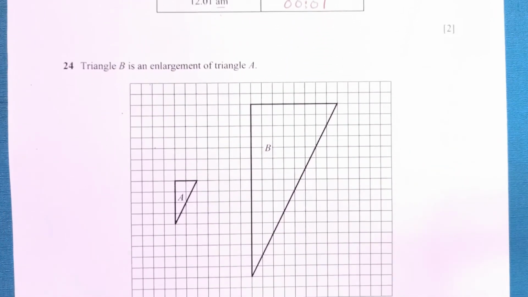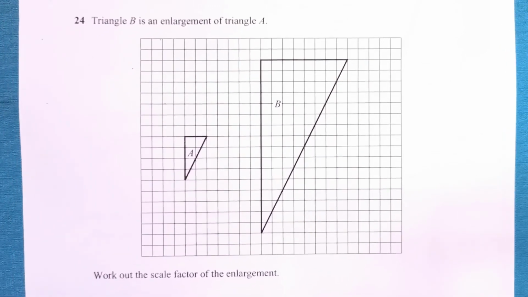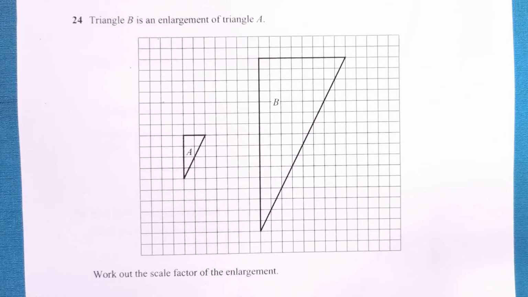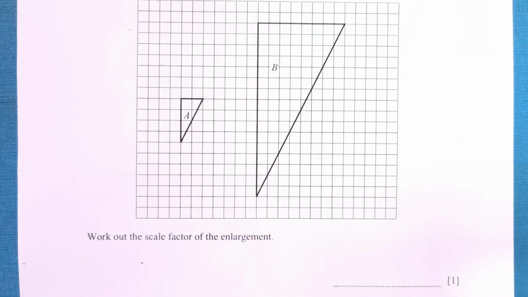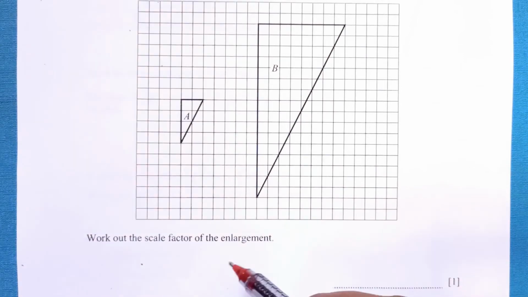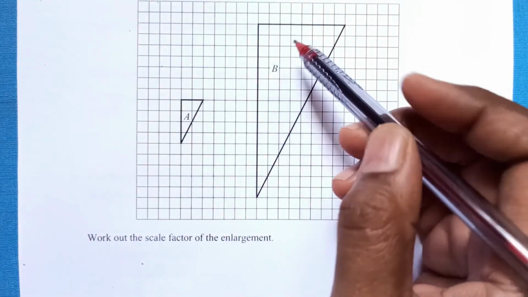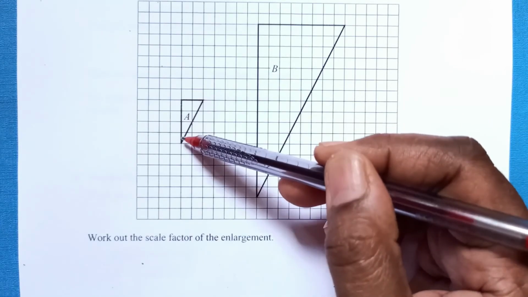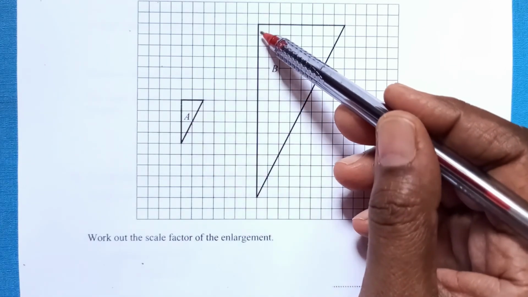Now number 24. Triangle B is an enlargement of triangle A. Work out the scale factor of the enlargement. So we need to find the scale factor. It's very easy. You count the number of squares of the bigger shape and the smaller shape on any side, then divide them.